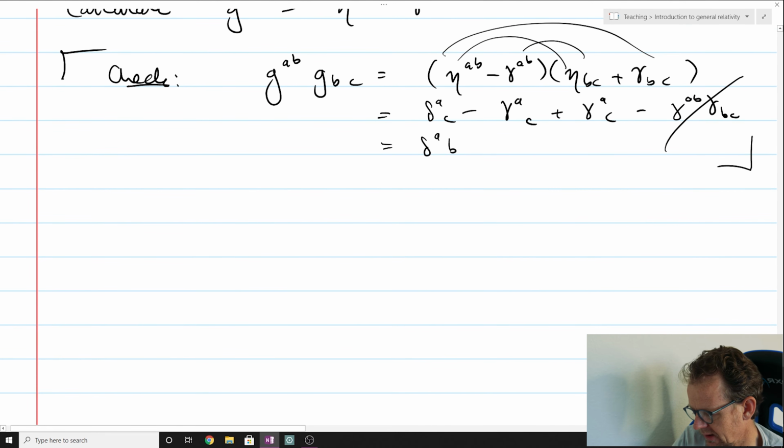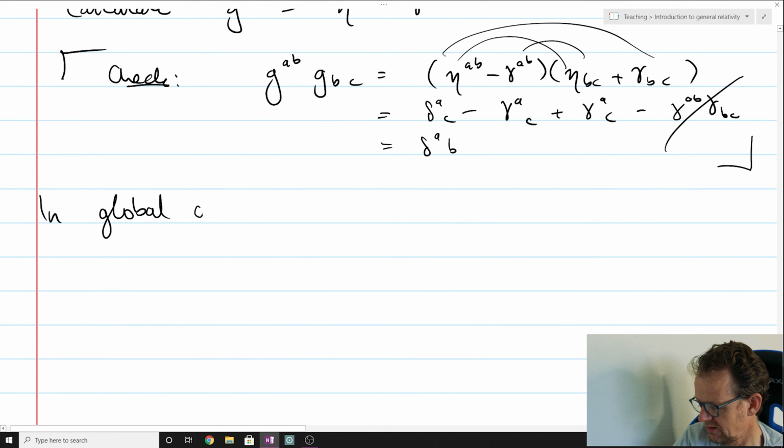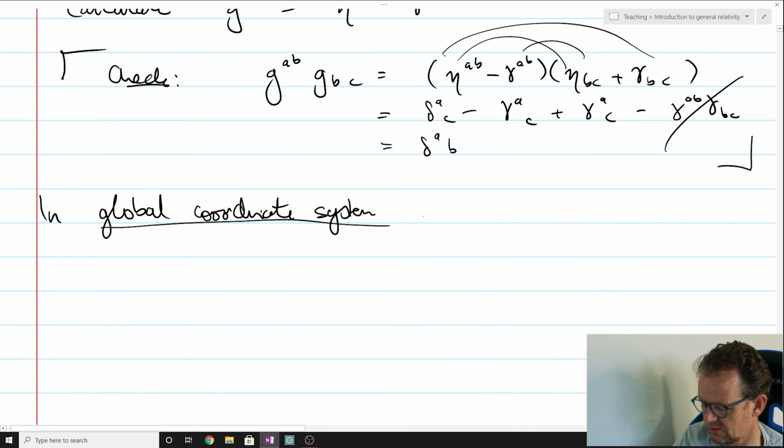All right, so now we're in a global coordinate system, or we will eventually appeal to a global coordinate system, but we assume already at this stage that there is a global coordinate system. This is not a fundamental assumption of GR that there is a global coordinate system describing your whole space-time. Indeed, it's completely open.